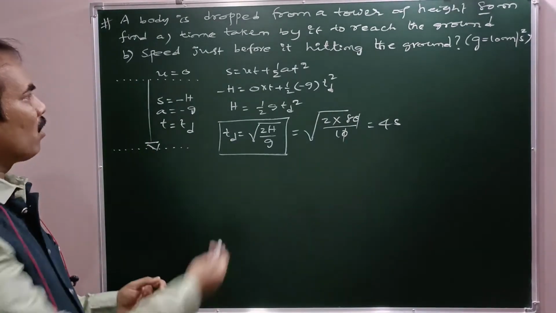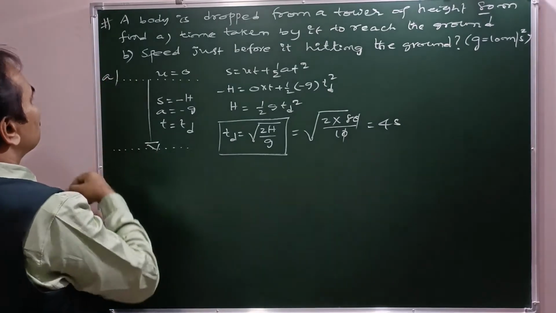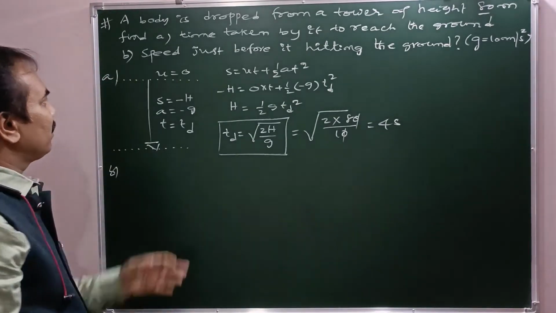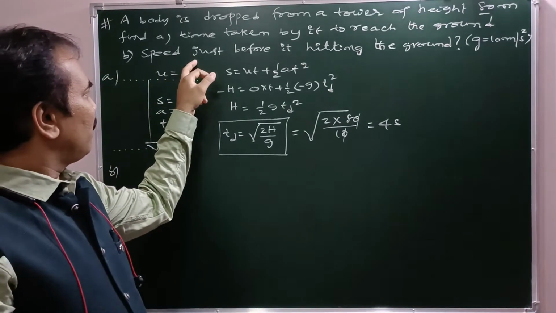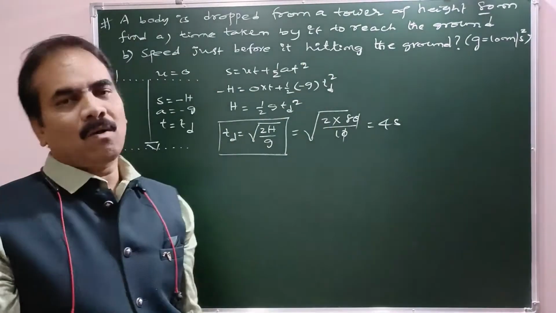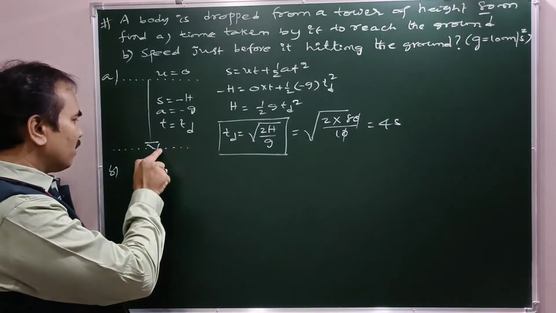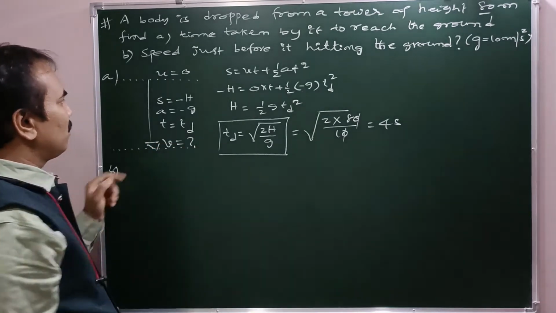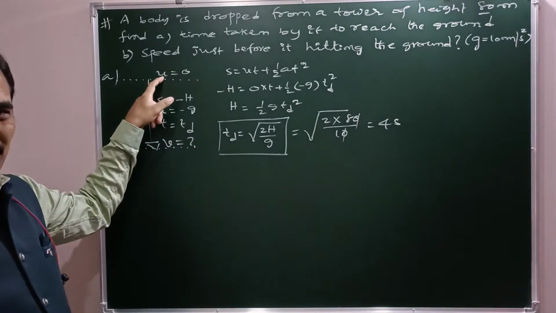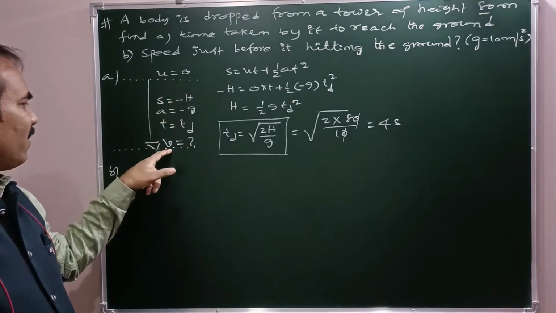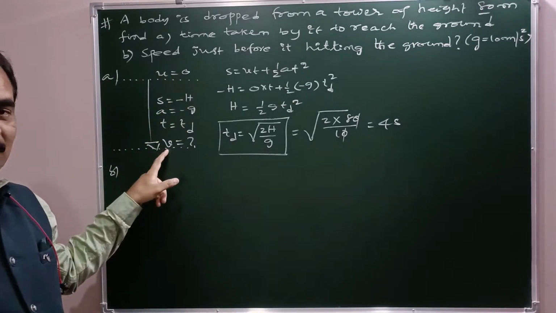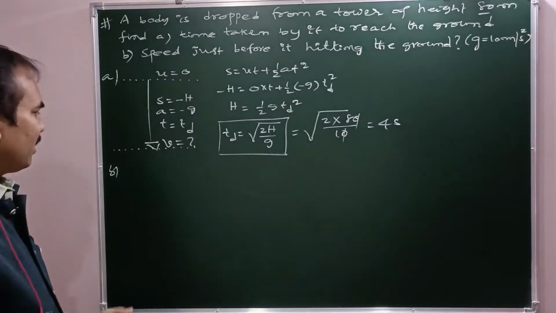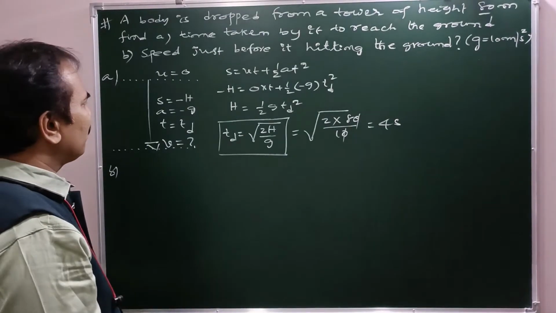Am I right? Now coming to second, this is what first question. Second question B. Find the speed just before it hitting the ground. See, just before it hitting the ground, that is what v is unknown. Final velocity v is unknown. So you know that u, initial velocity 0, right? Velocity just before hitting the ground is unknown. That is how to find.